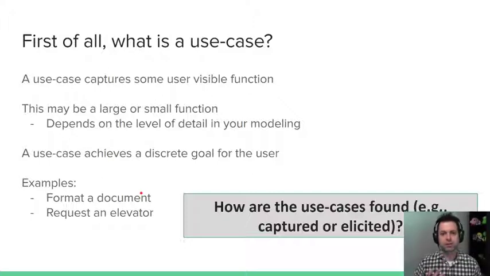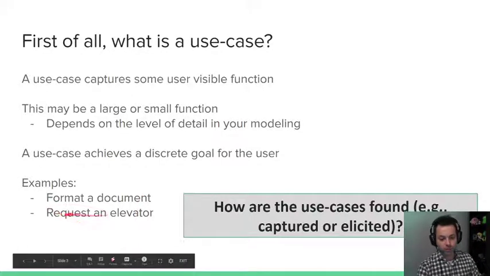Format a document is your high-level goal. You don't necessarily need to talk about font selection. You don't need to talk about paragraph styles or headings or bullets or any of that. That's too deep in the details. We just care about format document. We care about print document, right? So very high level tasks.